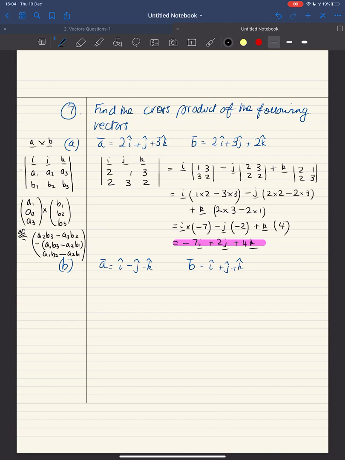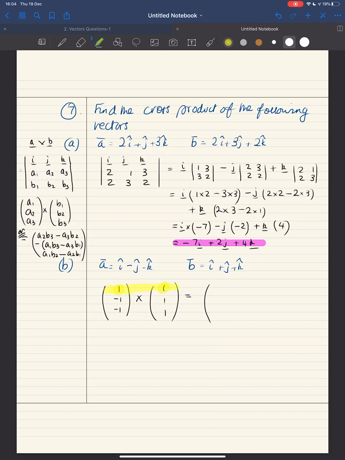Right, the next one I'll do it this second way, and then you can watch both. It's up to you which way you decide to do. So it's 1, minus 1, minus 1 crossed with 1, 1, 1. So what we do, with the first one, imagine crossing out, ignore the top row.